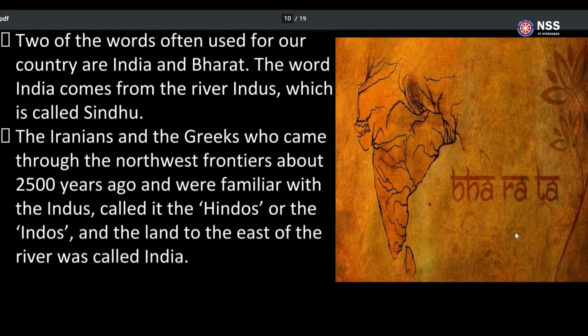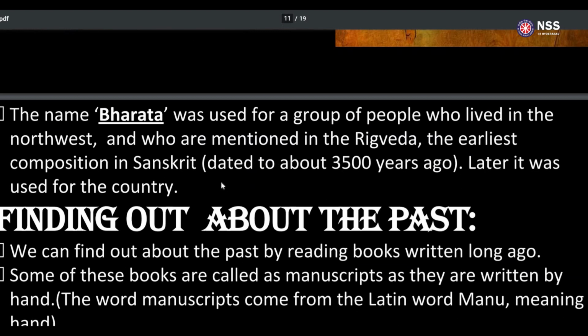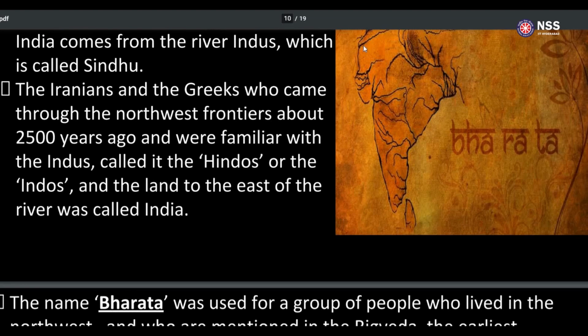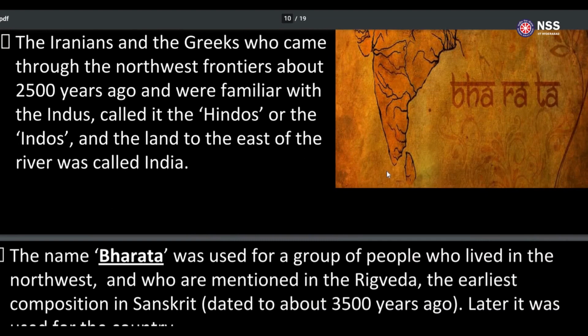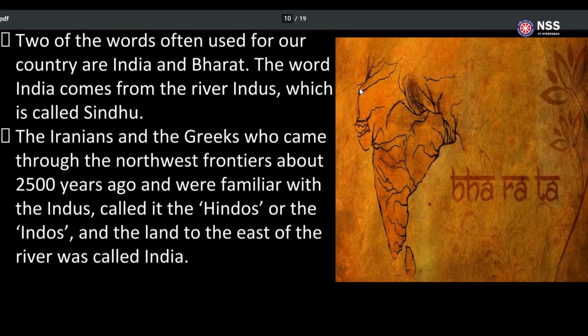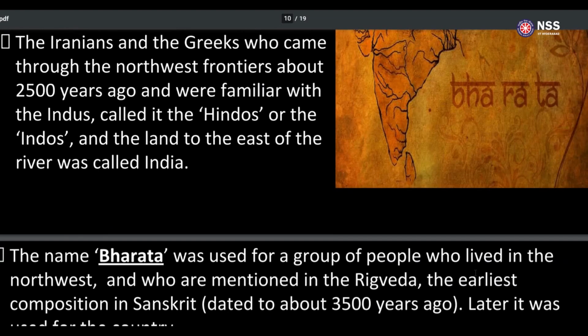And here you see this picture. Bharata. The name Bharata was used for a group of people who lived in the northwest, near the Indus. Those people who lived in the northwest are mentioned in the Rig Veda.